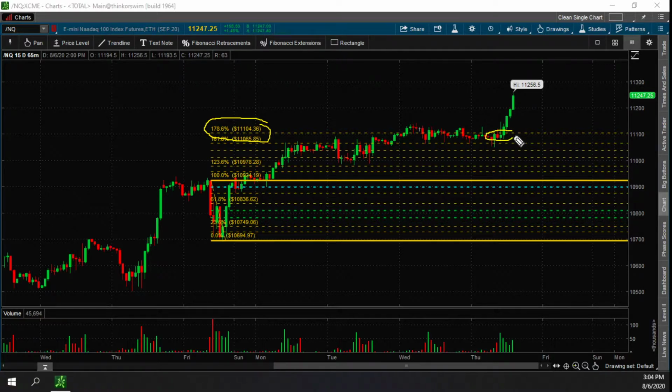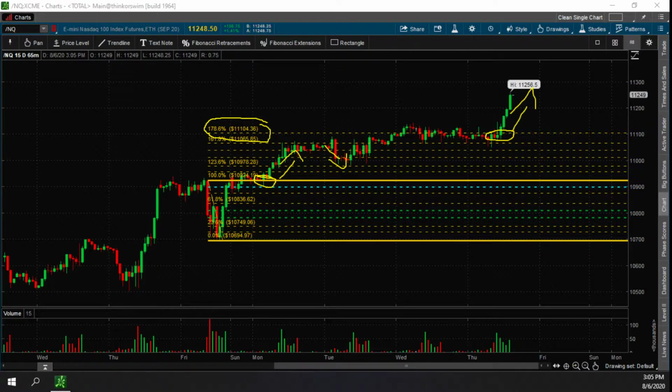Once it broke out of the area, it went back to the upside. So this gives you another idea. Again, when it broke the 100%, which is this big thick yellow line, it went up to the upside, and then of course it came back. That's essentially how you use the Fibonacci retracement tool.